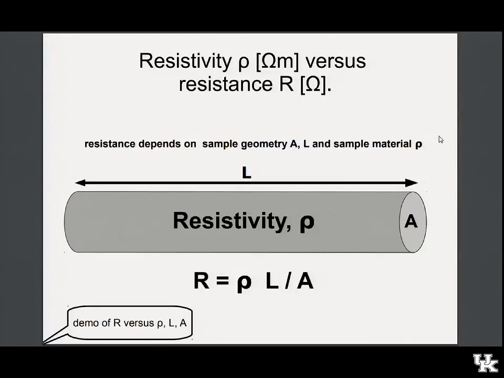The equation R equals rho times L over A describes both those effects. Make a wire long, the resistance goes up because it's proportional to L. Make a wire have a greater cross-section, the resistance goes down because the area is in the denominator of the equation.